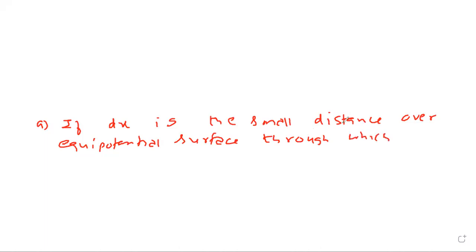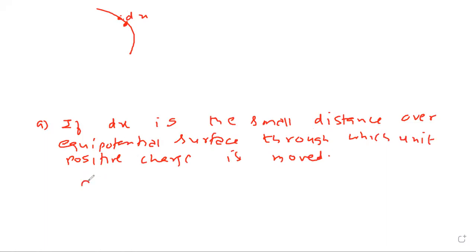that means if this is an equipotential surface, dx is a small distance through which a unit positive charge is moved, then I can say dW, which is actually F bar dot dx bar for unit charge. dW will be E bar dot dx bar because q is 1.